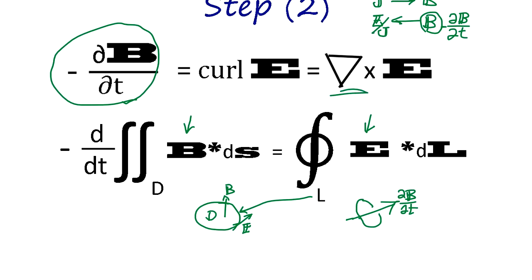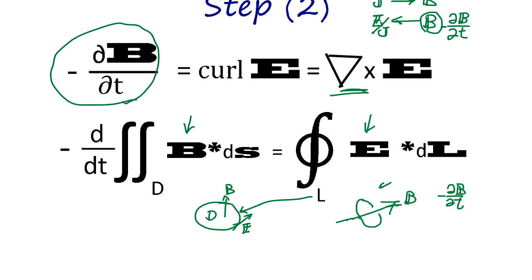The curl: if B is going this way, it should be right hand, but because of the negative, when you have a B here and B is changing over time negatively, you have to express this by vector.